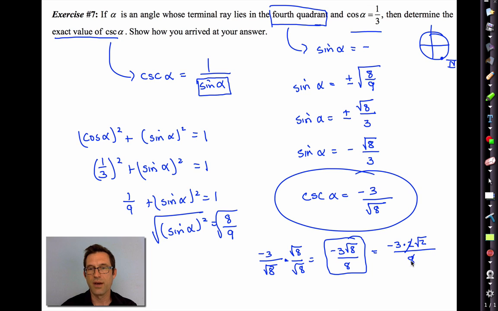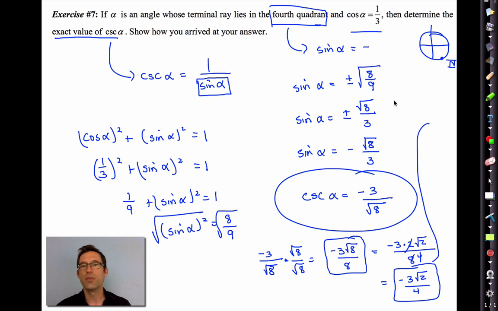And then we could divide that out, and we'd get negative 3 root 2 over 4. So there are certainly plenty of math teachers that would consider this to be the simplest form. Now notice this question didn't actually say give its exact answer in simplest form, but some of your teachers might say always put it in simplest form. So that's one option. All right, pause the video now and write down anything you need to.